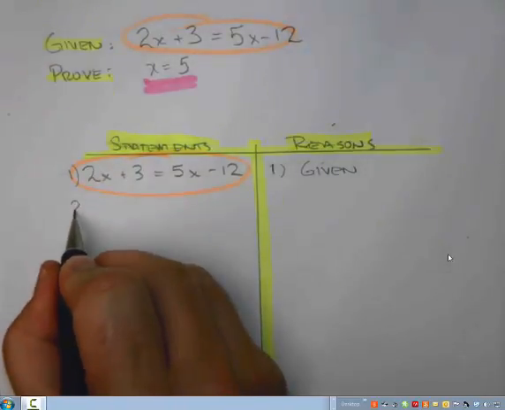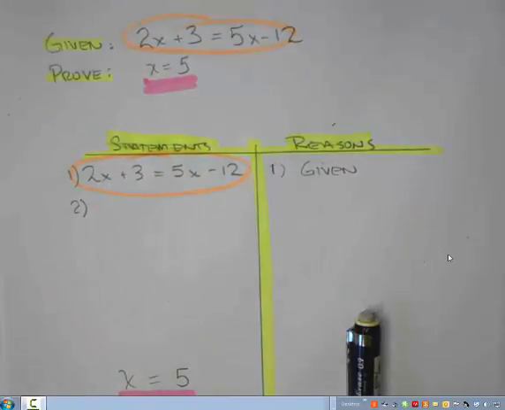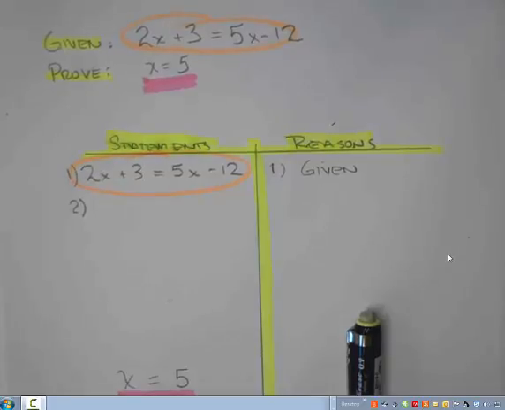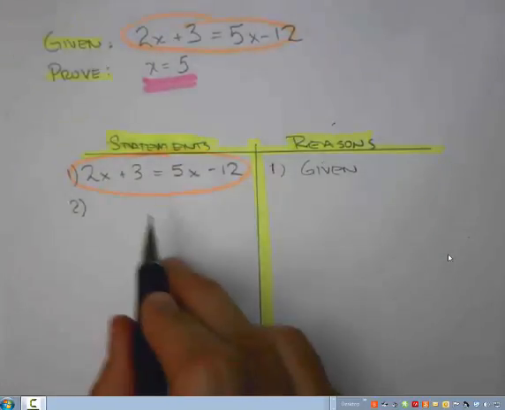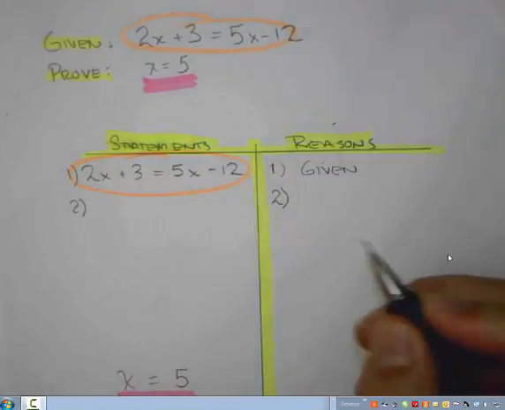In geometry, what we'll do is we'll demonstrate what we're doing and then we'll give an explicit reason or a justification for why we're doing it.